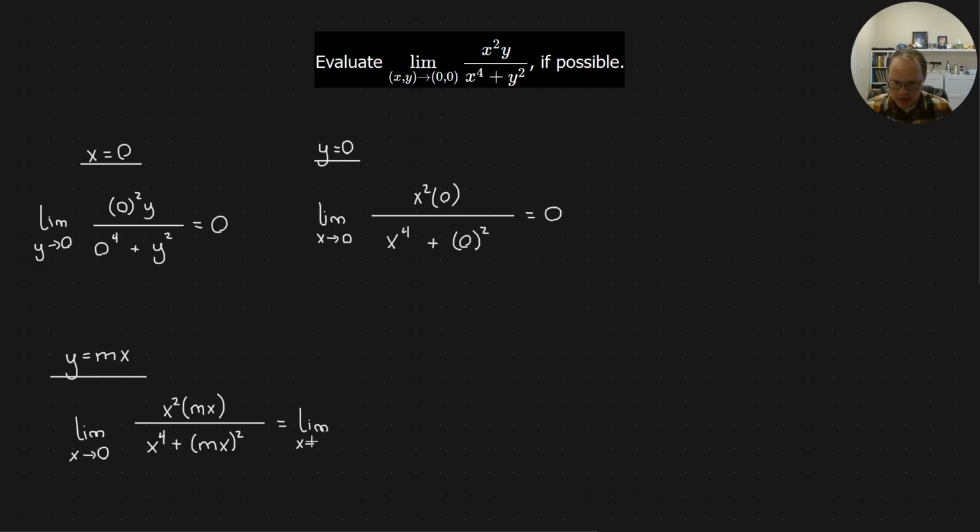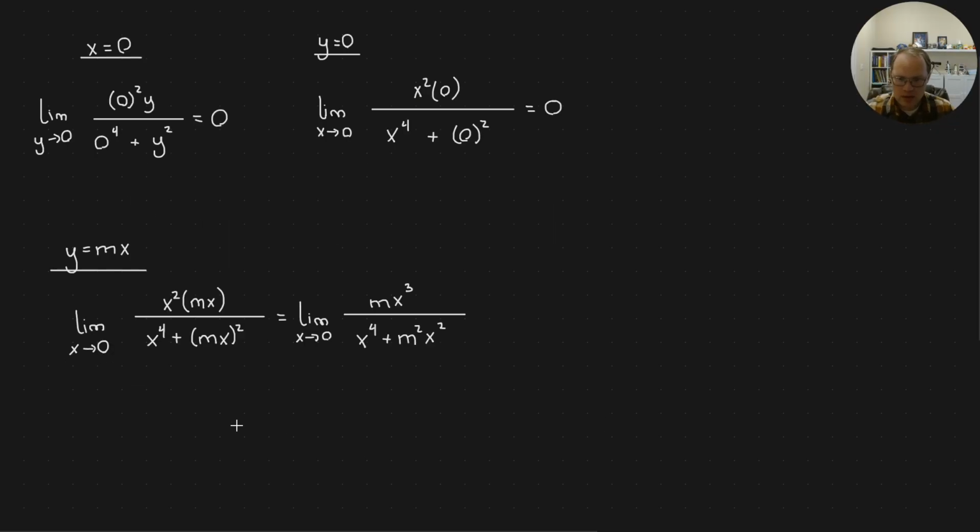Limit as x approaches 0, I get mx cubed on top divided by x to the 4th plus m squared x squared. I can factor out a common x squared from the denominator and cancel it with the numerator.